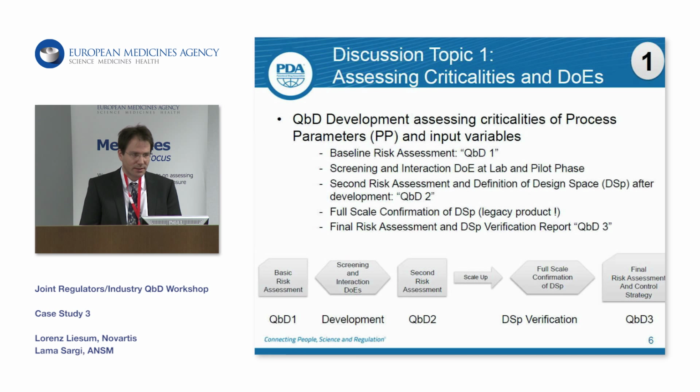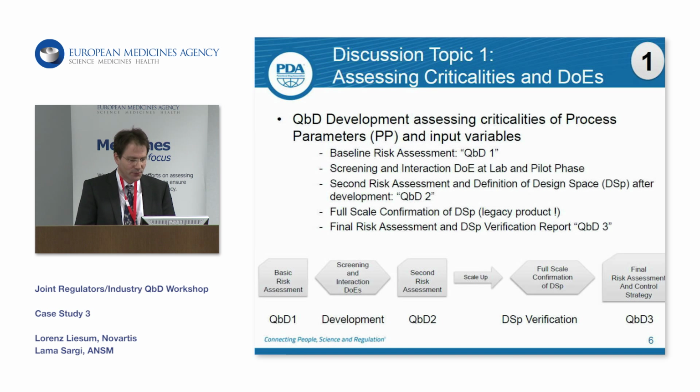On the next slide, you can see the roadmap of our risk assessment, how we ended up in our design space, and how it was verified, commencing with a basic risk assessment, which is called the QBD1 document, where we are capturing all the available experience from the previous submission, as well as, since we are speaking of a legacy product, from already available process knowledge.